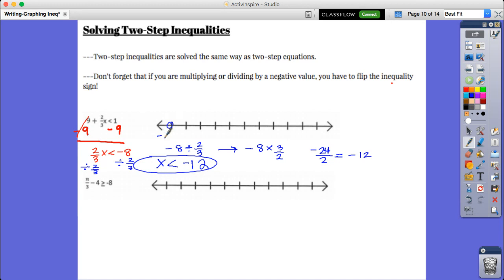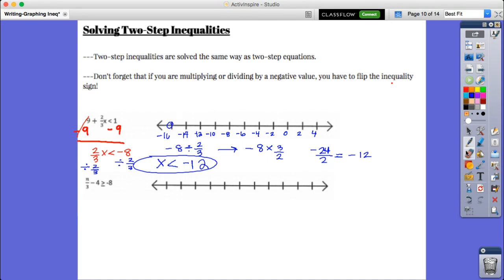So I'm going to say negative 16, negative 14, negative 12, negative 10, negative 8, negative 6, negative 4, negative 2, 0, 2, and 4. You can do your number line however makes you happy.